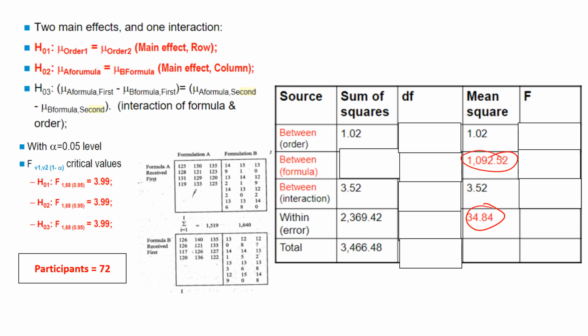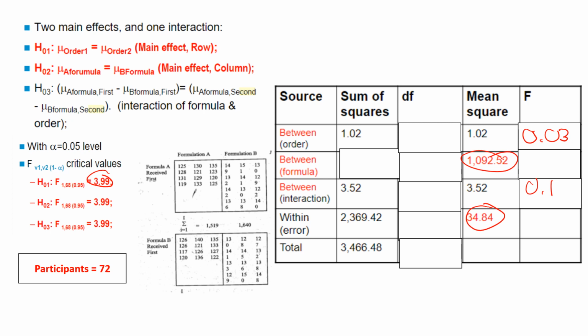With that, we get a value of 0.03. And remember, this is an f value. This isn't a p value, because we want our f value to be greater than 3.99. So this is actually really insignificant. We'll also do our 3.52 divided by 34.84. This is just 0.1. Again, not significant at all.